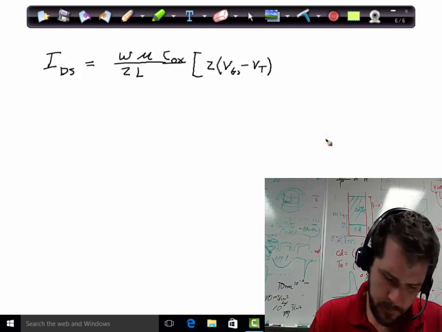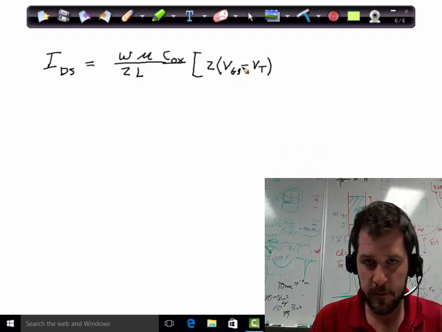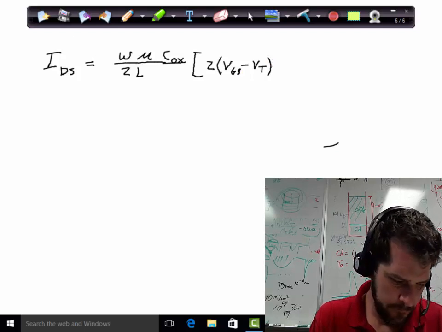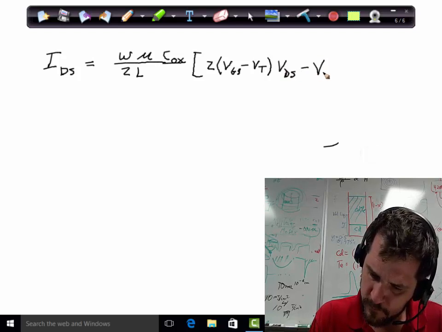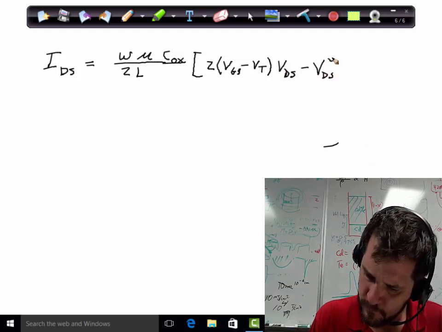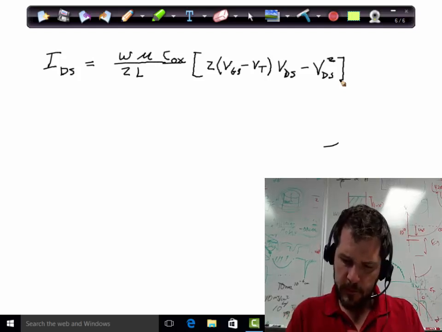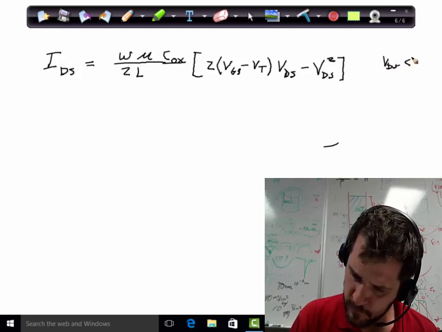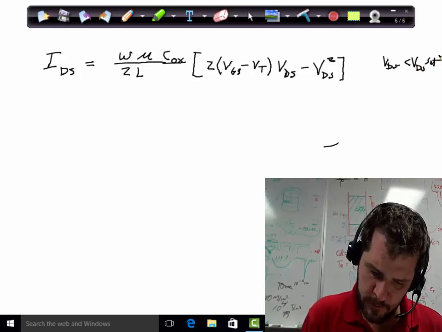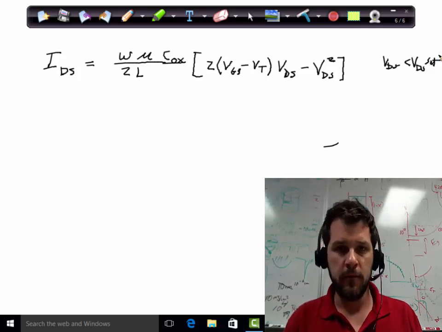So first we have the gate voltage minus threshold, so sort of the reduced gate voltage above threshold, times the drain source voltage, and then minus VDS squared. So this is for VDS less than VDS sat. And then above saturation, we can make another formula.